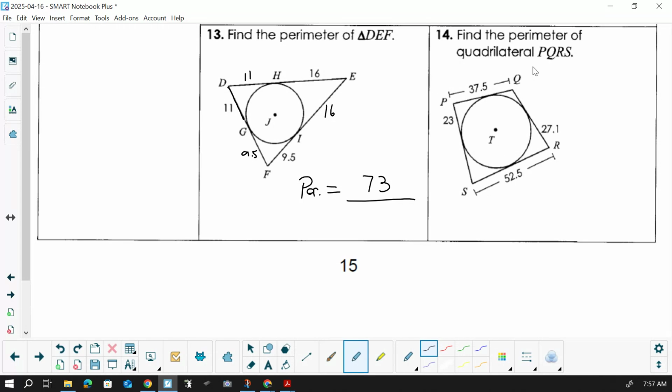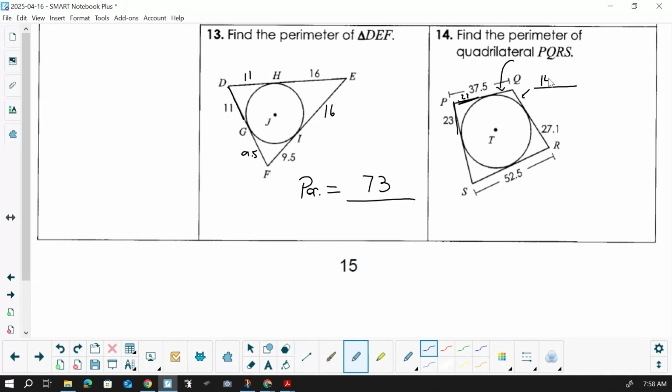All right. This one here, we'll do one last question here. Notice this is 23, which means this part right here is 23, right? So do 37.5 minus 23 to find out what this little piece is right here. We're going to need that because we need this piece right here. So 37.5 minus 23 is what?